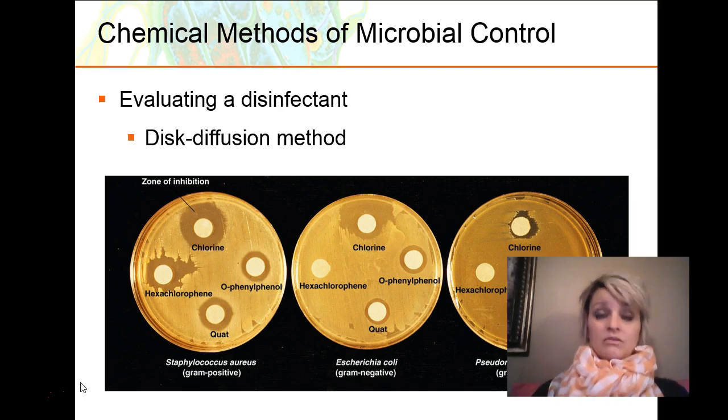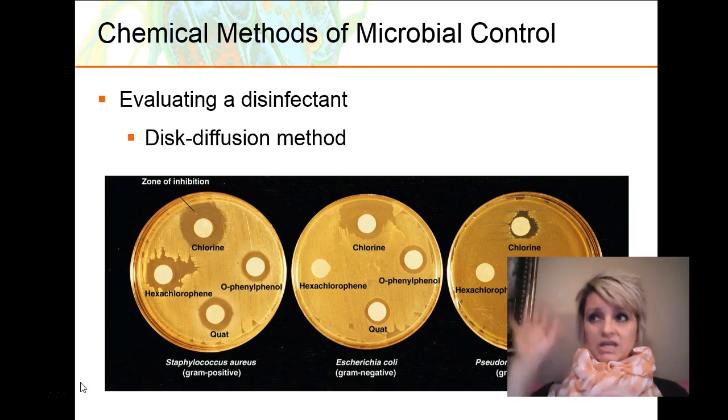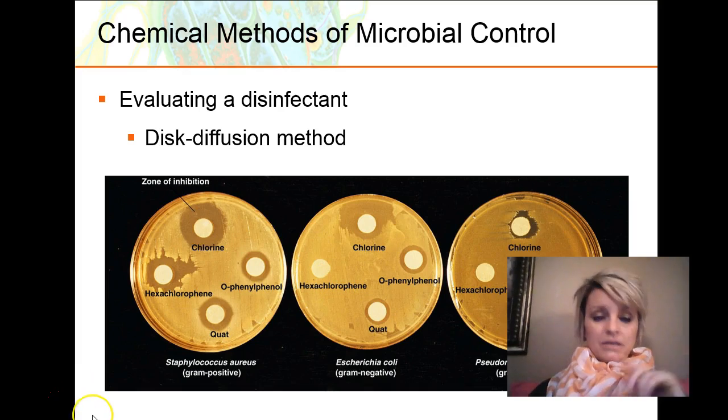O-phenylphenyl is Lysol. We actually have a chemical compound that tweaks the natural phenyl that is found in nature, and that's what O-phenylphenyl is. Quaternary ammonias are an ammonia type. You guys have heard of ammonia, right? It's an ammonia type of chemical, so that's more of a basic type of chemical. And then there's hexachlorophene.